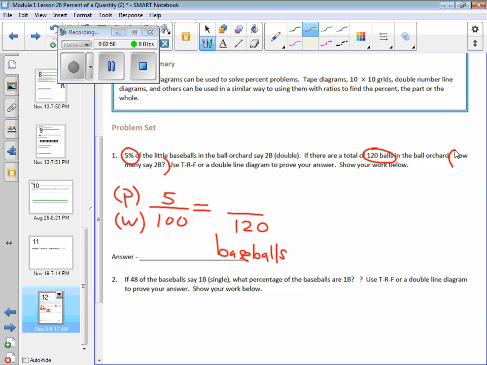Okay? Everything's now set up, but when you now try to figure out what the part is, when you look at these two numbers here, it may be a little difficult for you to figure out 100 times what makes 120. So I'm going to show you, or Taylor's going to show you an easier way.